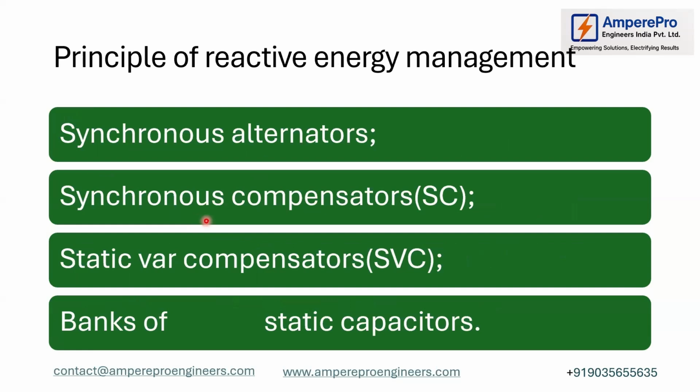These three are big equipment. Capacitors, generally on the 11 kV and LV side, are very often used. In a typical industrial environment, these capacitors are very much used.